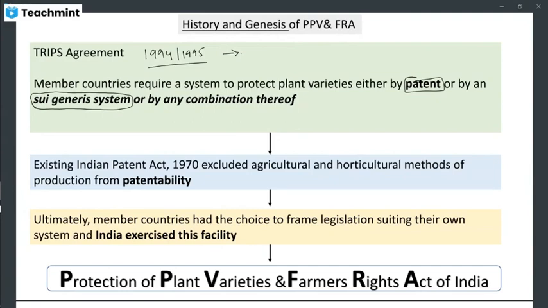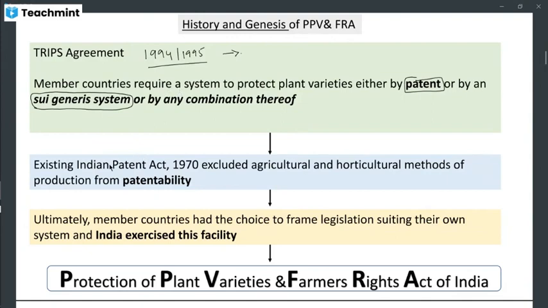There was also a third option, that they can protect the plant varieties by combining both the patent and the sui generis system. This was the TRIPS agreement: all the member nations should have a particular form of protection for their plant varieties.